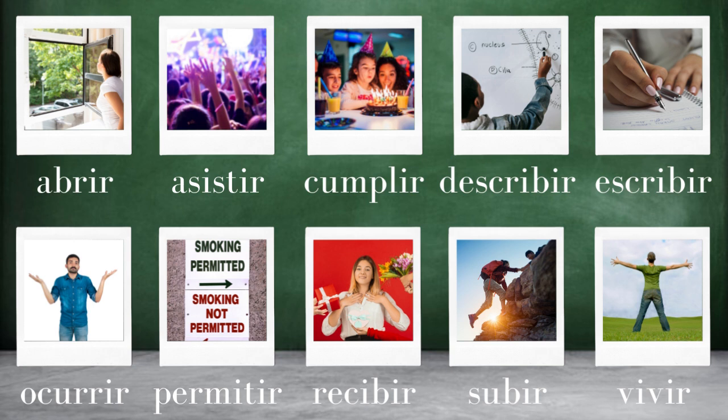IR verbs are verbs that end in IR in the infinitive form. Some of the most common verbs in Spanish are regular IR verbs like abrir, to open, asistir, to attend, cumplir, to accomplish or to carry out, describir, to describe, escribir, to write, ocurrir, to occur, permitir, to permit, recibir, to receive, subir, to go up or to climb, and vivir, to live.